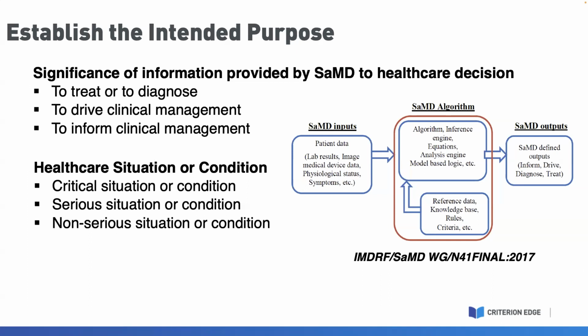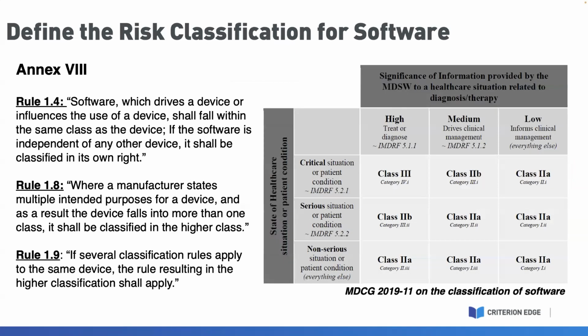Okay, the next slide is going to be focusing and drilling down into that risk classification. And here's where it starts to get fun, because once you qualify as an IVD medical device, the next step under Annex 8 of the regulation is to figure out where you fall. And there are really three different rules that we apply here.